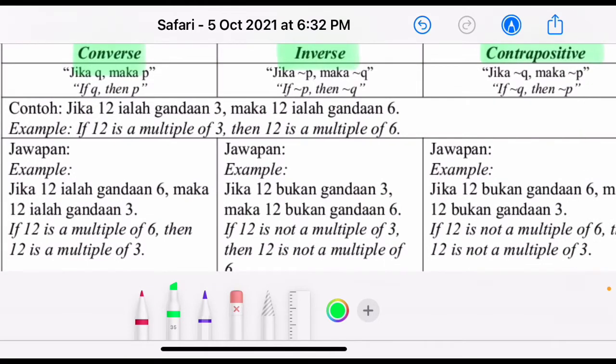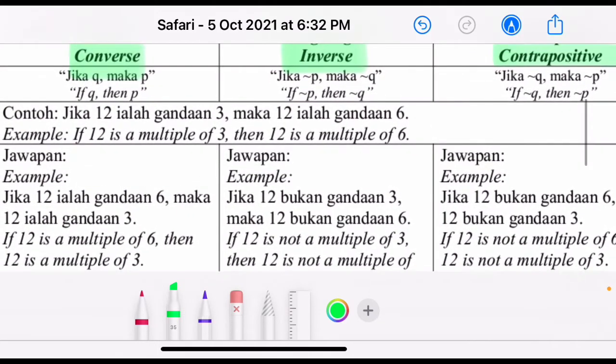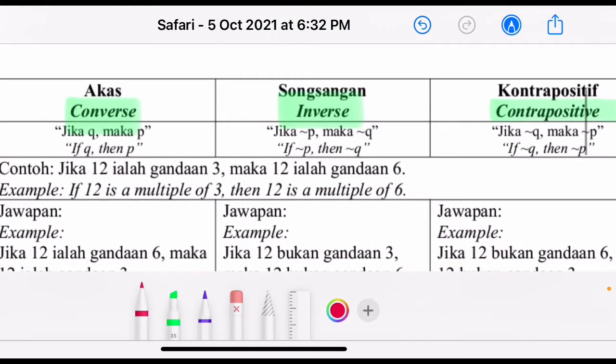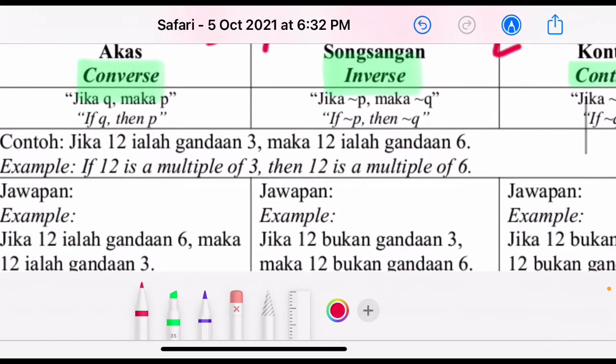Converse. When we talk about converse, let's say we have the statement if P then Q. We start with the if P then Q beginning. The P and Q here are statements, okay? The statement can be something like 12 is a multiple of 3, or 12 is a multiple of 6.